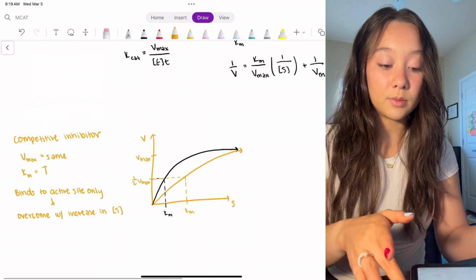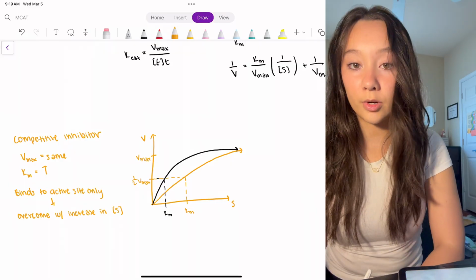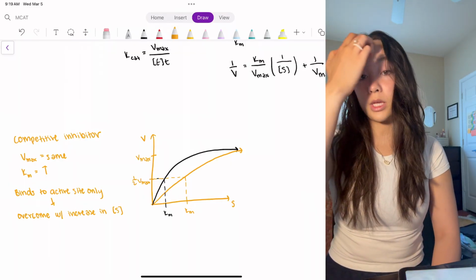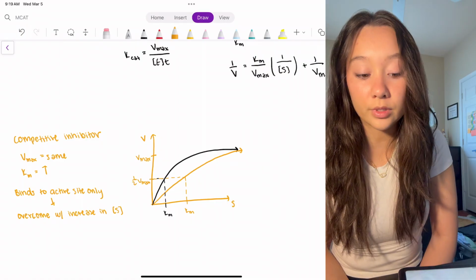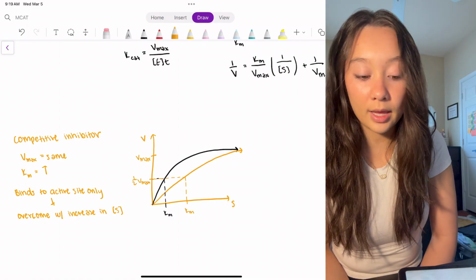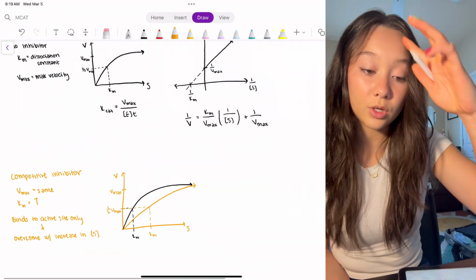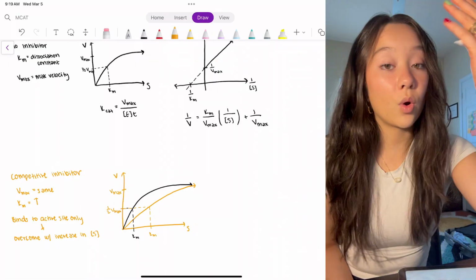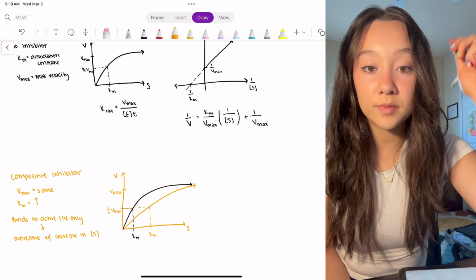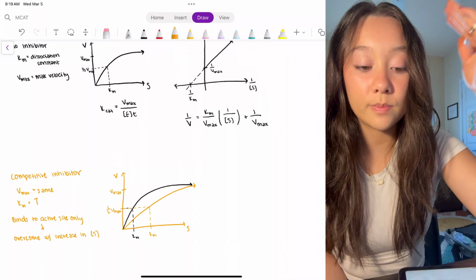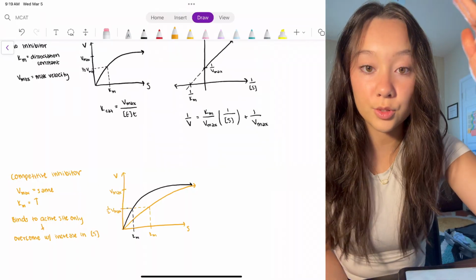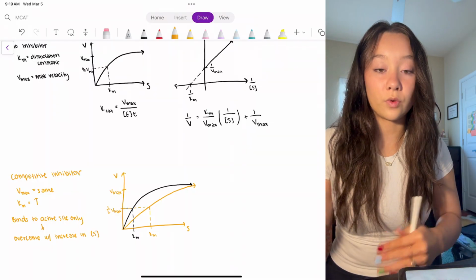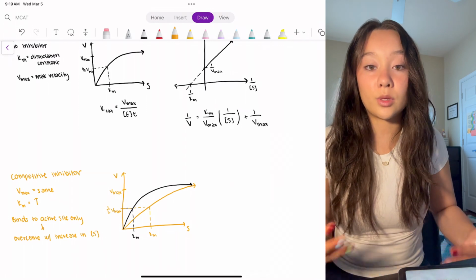This should make sense because an inhibitor that is binding to the active site only is going to make it harder for the substrate to bind. Km, if we remember, is our dissociation constant. So all of this inhibitor that's fighting for the same active spot is going to make the Km higher. It's going to make that dissociation constant for the substrate higher, so it's harder for the substrate to bind.